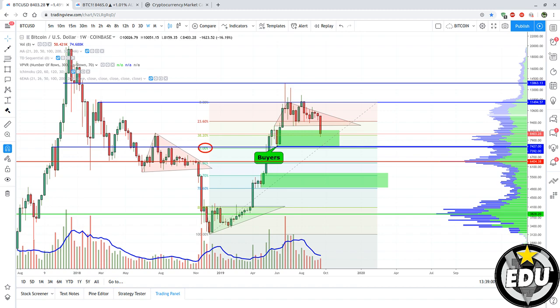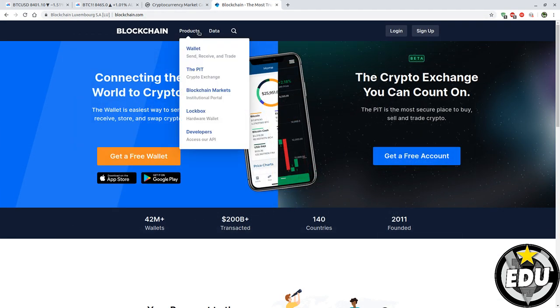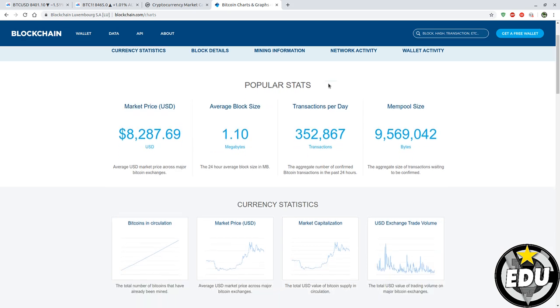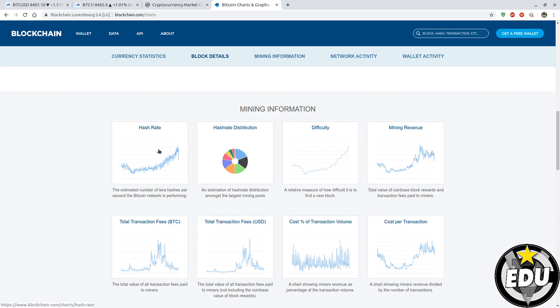Okay, this was important, I think, and it's something that I would like to talk about. I don't know why that happened. I didn't do research. Data, Bitcoin Explorer charts. There was a massive dump on the network activity yesterday, on the hash rate.